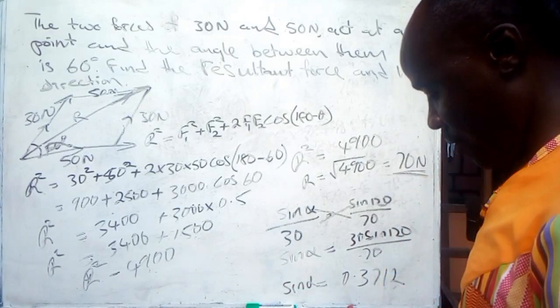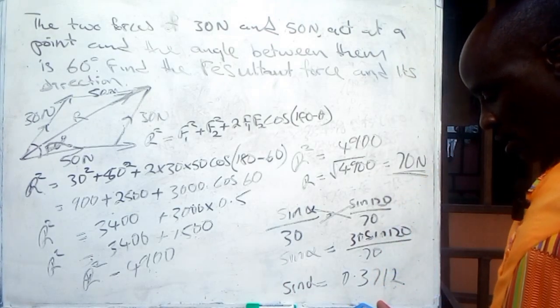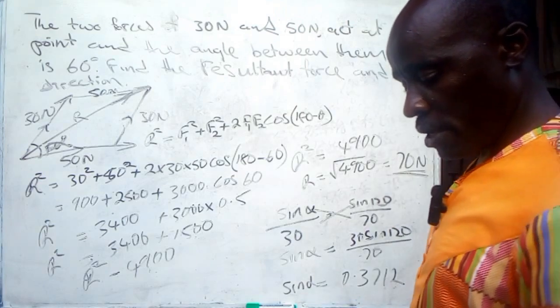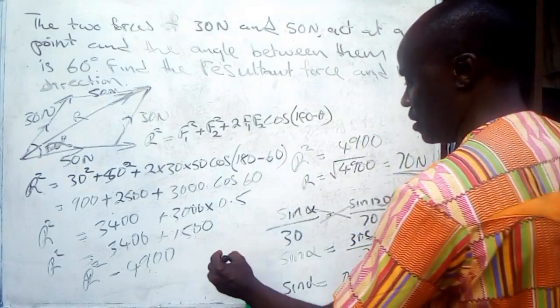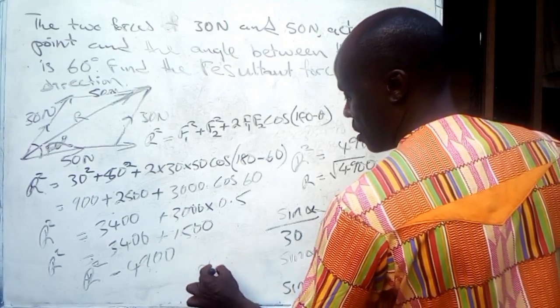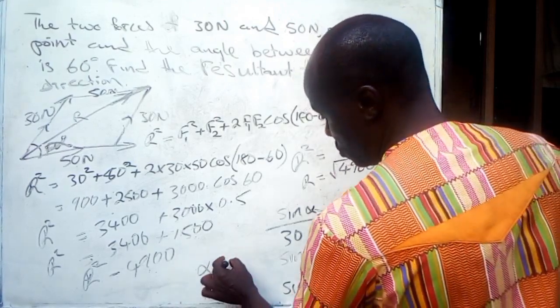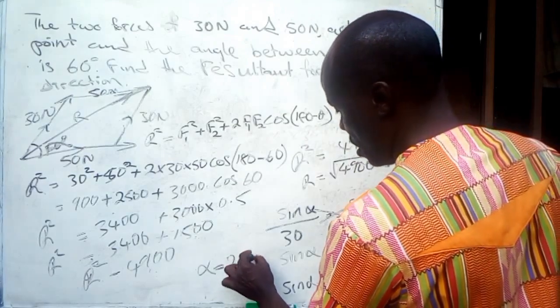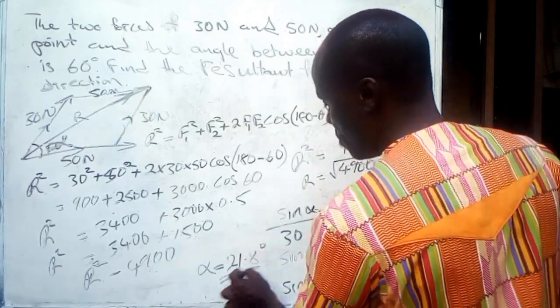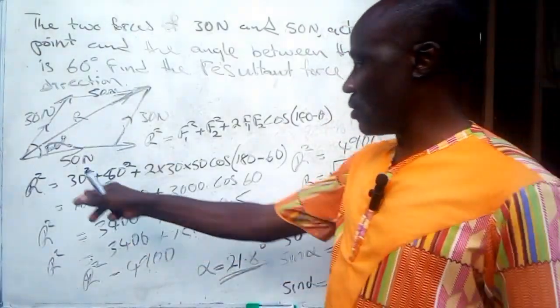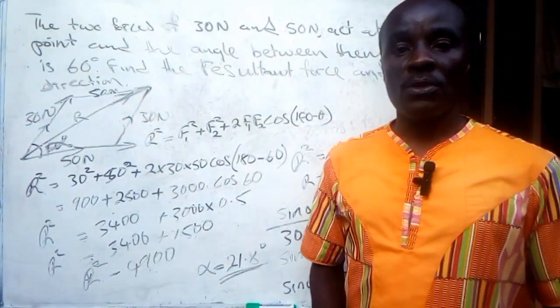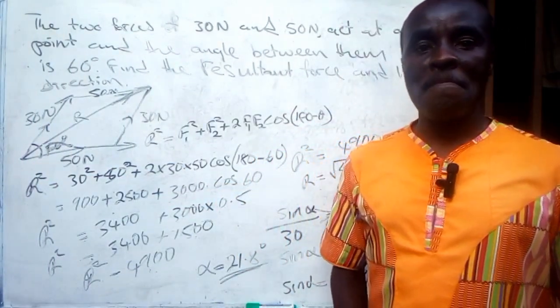So to get the real angle we have, the direction will be equal to 21.8 degrees towards the direction of what? The 50 Newton. So this is where we're going to end for today.